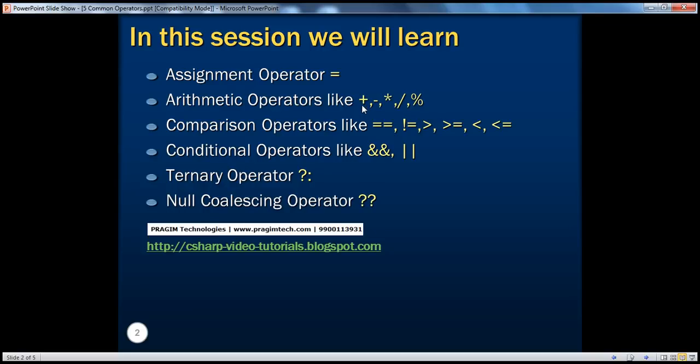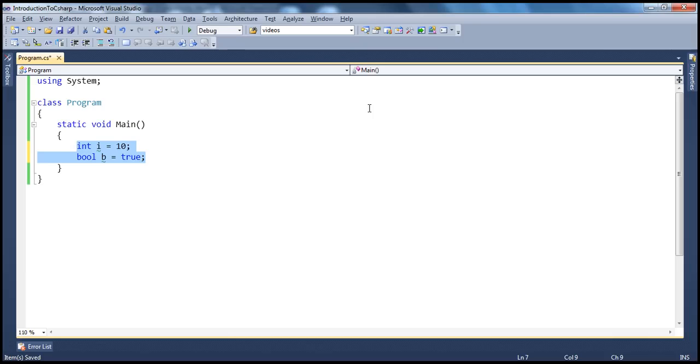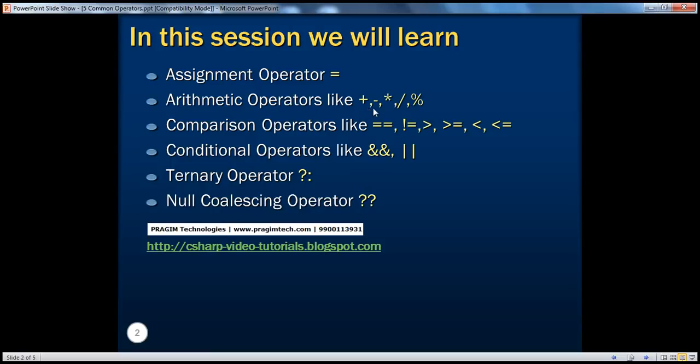Whereas we have several arithmetic operators like plus, minus, into, and as the name suggests, they do the respective operation. For example, if you want to add two numbers, you use the plus sign, and similarly for subtraction, you can use minus, etc. If you have two numbers to divide, when you divide two numbers, you get two results.